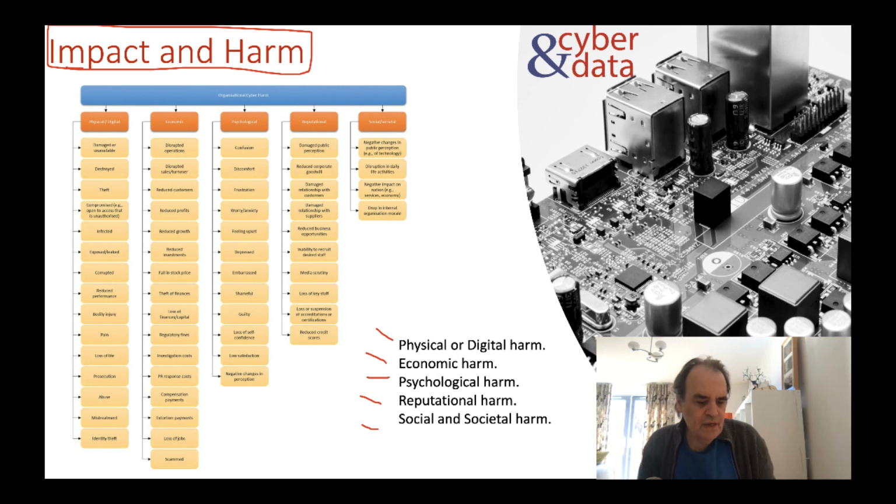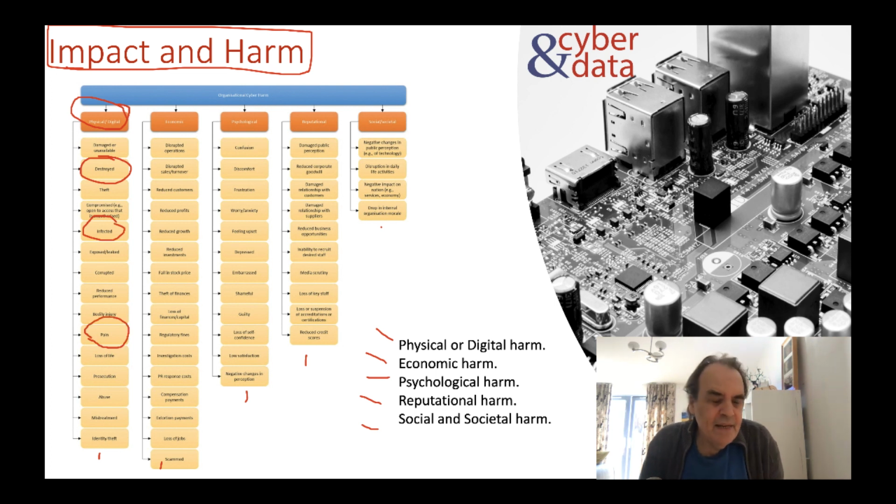So for these, there are various classifications of the threats themselves for the impacts. And we can see for something like digital harm, we might have the threat of something being destroyed, infected, causing pain, the loss of life even.